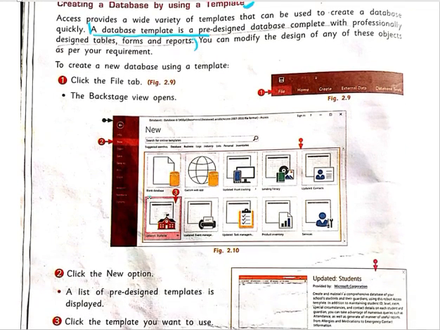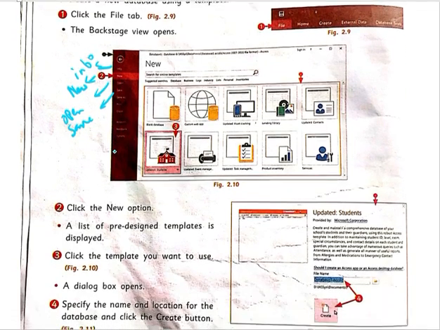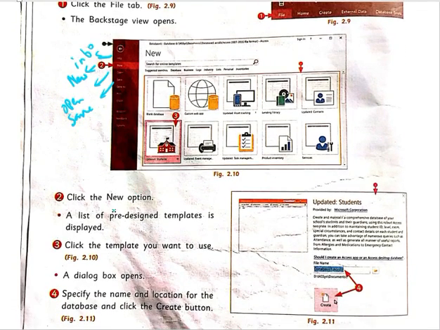After clicking on the File tab you will see a structure like this, where the first is Info, then New, third is Open, and fourth is Save As. You need to click on the first one, that is New.